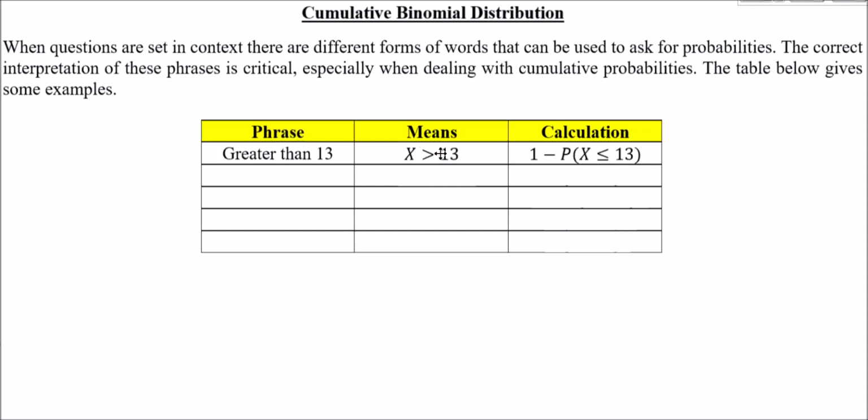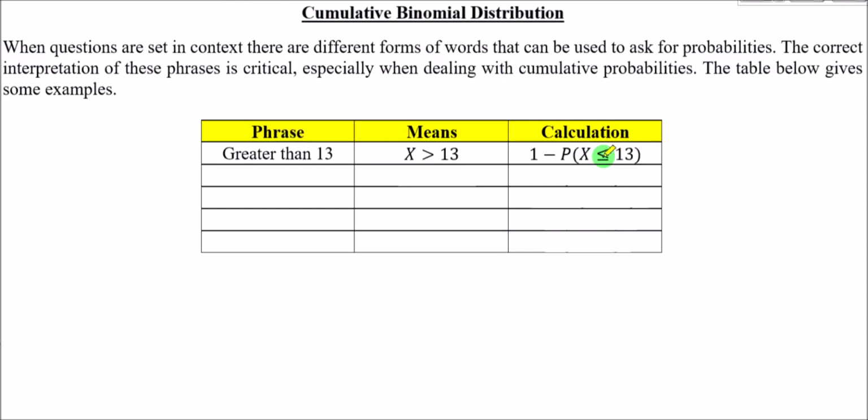So instead of thinking of it as x greater than 13, we need to reframe that as everything apart from the chance of x being 13 or less. If we subtract the probabilities of x being 13 or less, the only probabilities that would be left would be when x is more than 13. So we need to switch it into this symbol here. If we don't switch it into the form where this symbol's included, we're going to be really stuck.